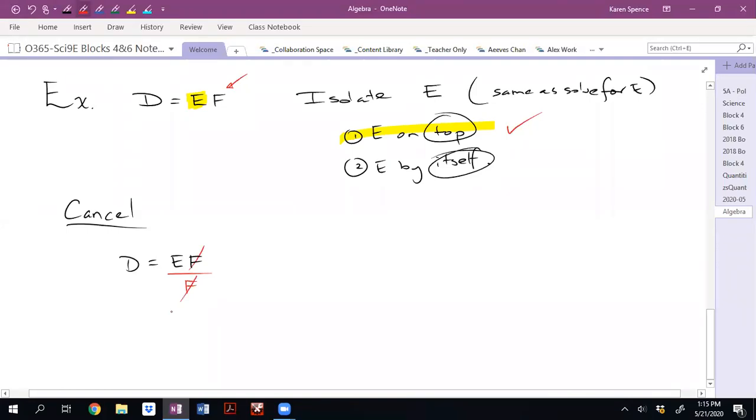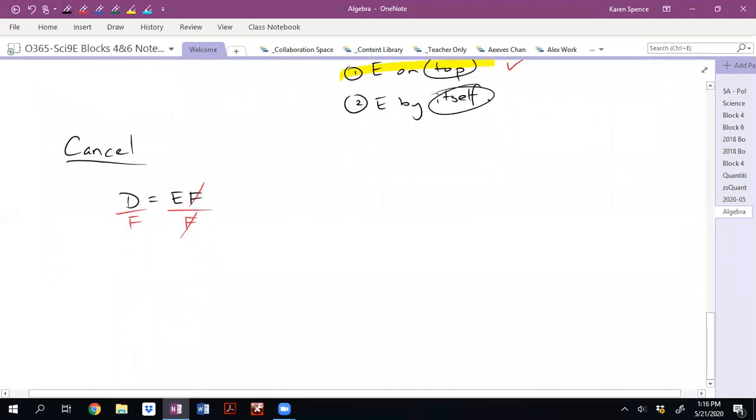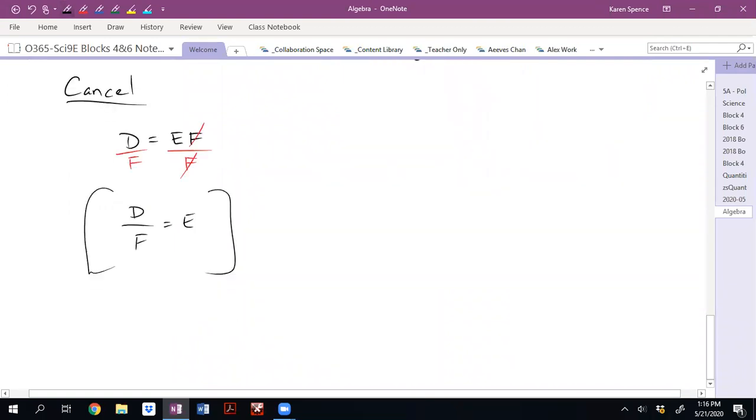And that means if we did it to one side, we also have to do it to the other side, which means that we now have, and I'm actually just going to do this in one step this time, I probably wouldn't write this step, D over F equals E. I would probably go straight to E equals D over F. But it doesn't matter if you do or you don't, okay?